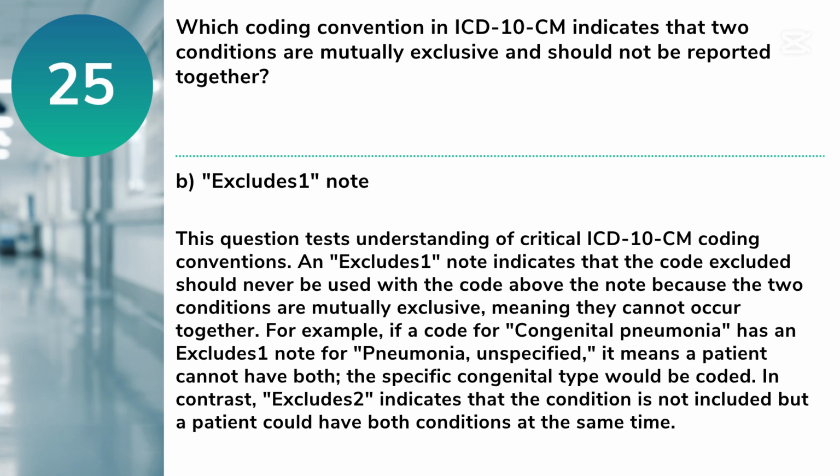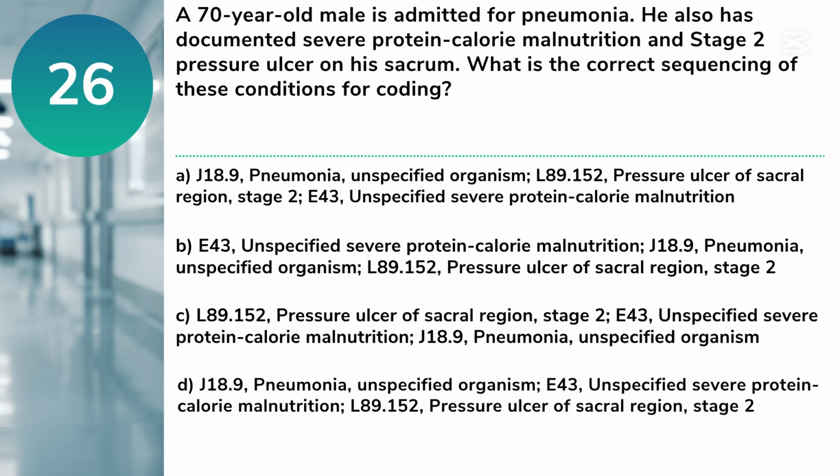Question 26. A 70-year-old male is admitted for pneumonia. He also has documented severe protein-calorie malnutrition and stage 2 pressure ulcer on his sacrum. What is the correct sequencing of these conditions for coding?